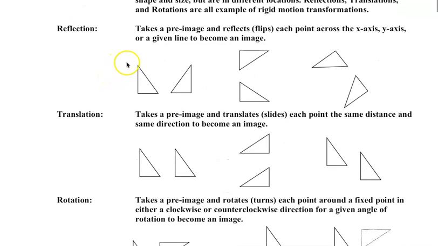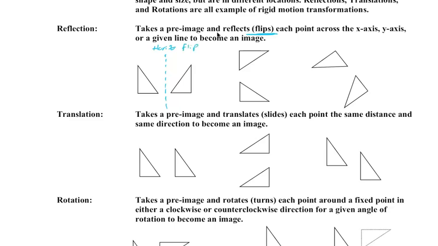The first one is a reflection. What happens there is we flip each point across a line, either the x-axis, the y-axis, or any given line. In this case, this is a horizontal flip.